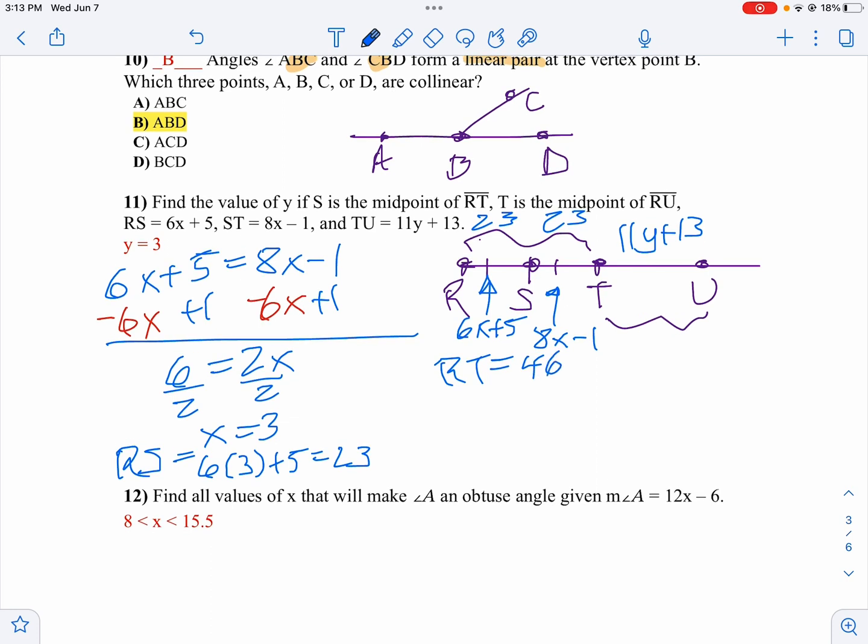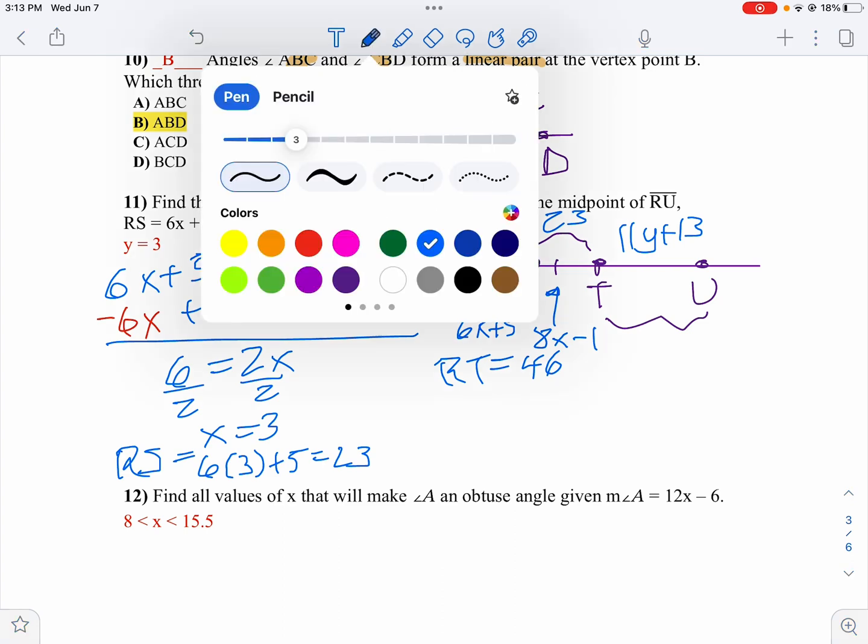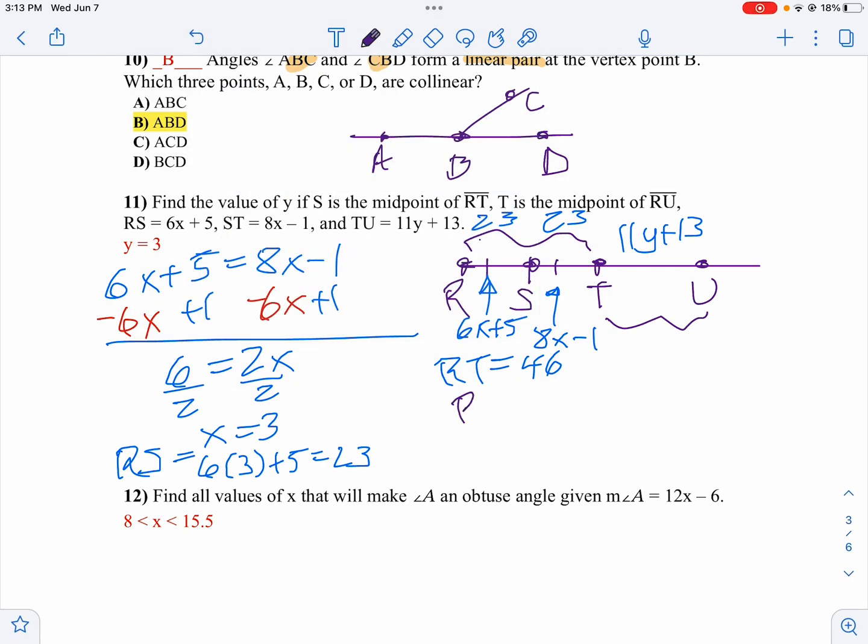Now I can use that because T is the midpoint, I know RT equals TU. I wrote UT, but it's the same thing. So in other words, 46 equals 11y plus 13.